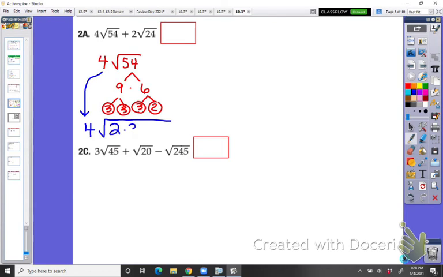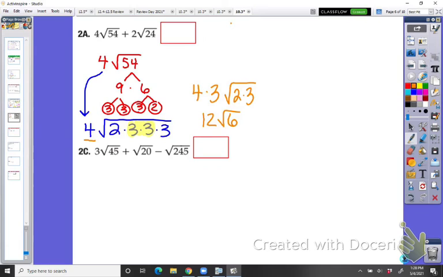We got 1 2 and 3 3s. Look for pairs. I have a pair of 3s. So we got the front 4. I'm bringing out 1 3, and the 2 and the 3 that don't have pairs stay underneath. So this is 12 root 6.